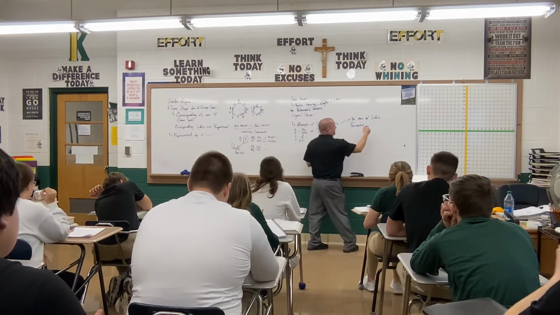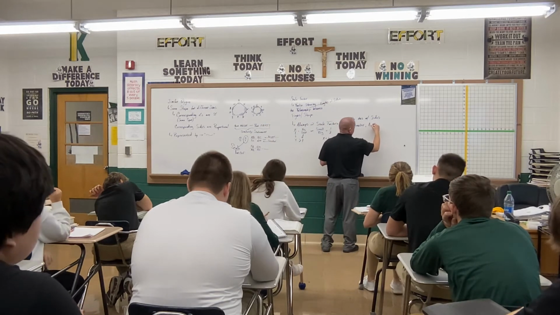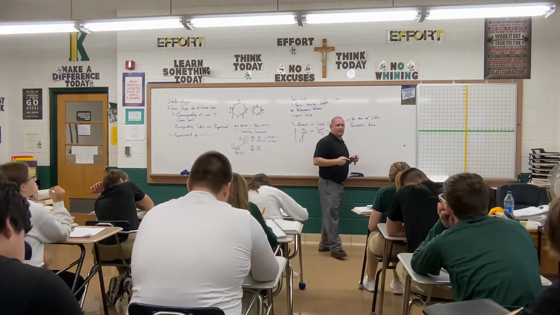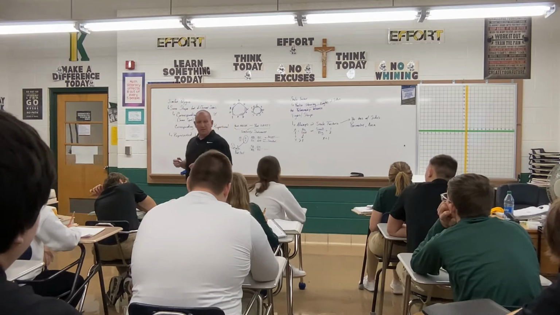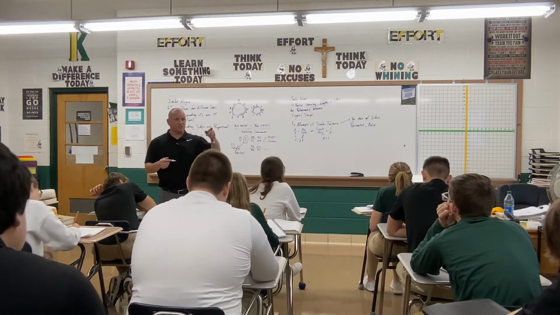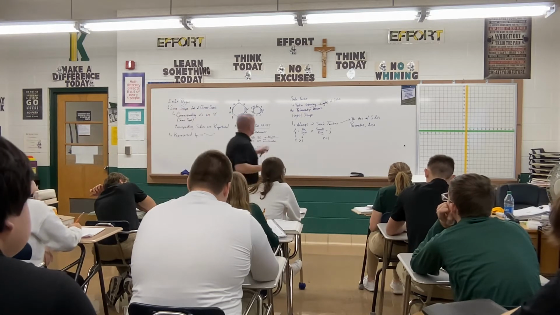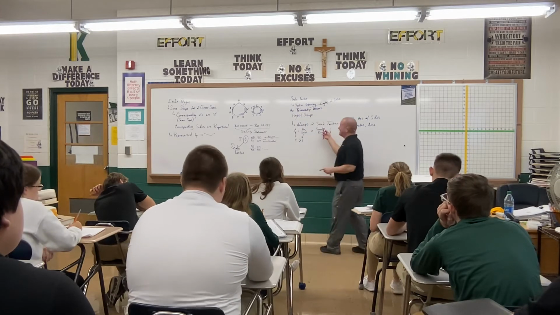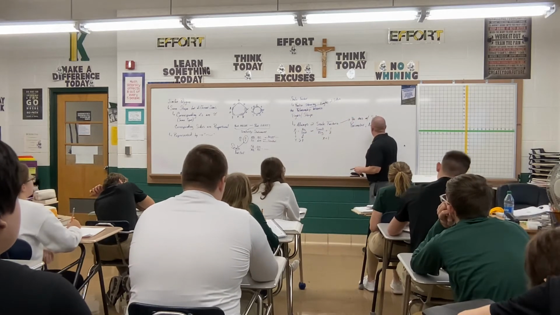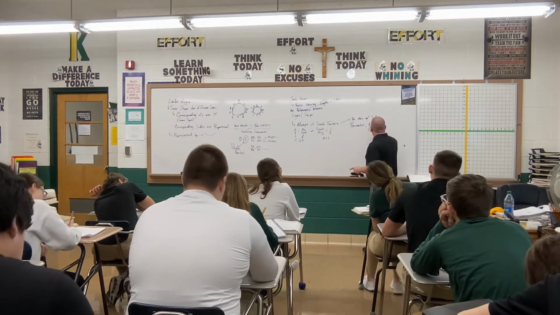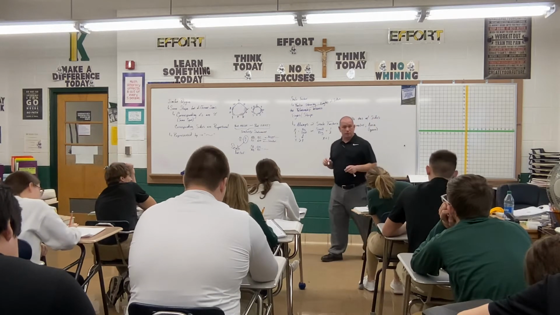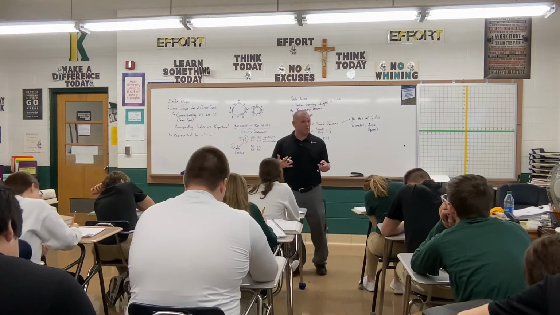I can also do this with area, but if you think about the area of a shape, like two squared, it's squared, right? So if you're going to use the scale factor to find an area, you would have to take your scale factor and square it.